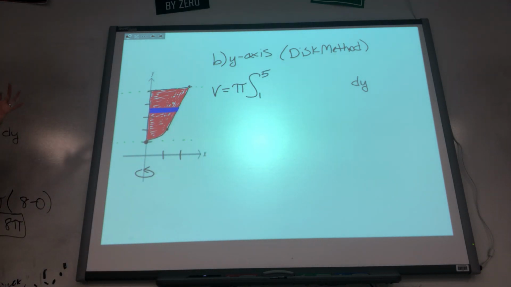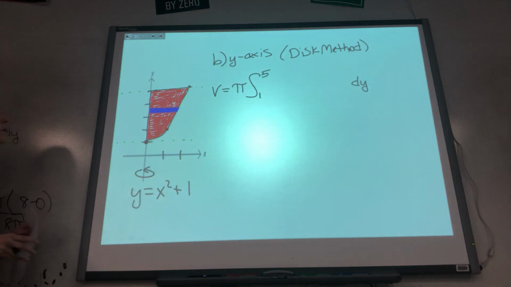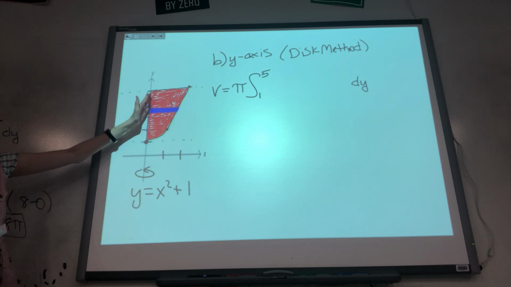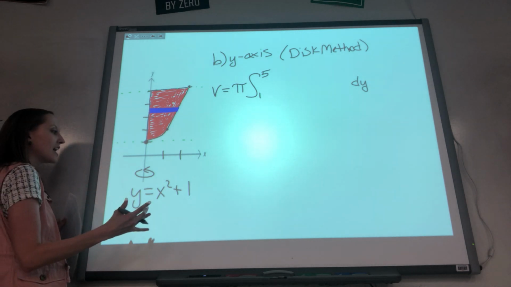Now, anytime you use the disc method, you're just using that main function. I don't have it up here anymore, but it was y equals x squared plus 1. You don't have to worry about subtracting. You can think about if you did subtract right minus left, the left function is just 0, which means the washer method's not even necessary.